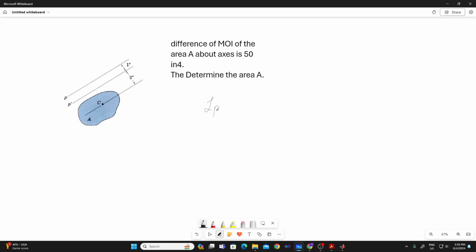So I PP, because that is the further one, would be higher than I P prime P prime. And it says I PP minus I P prime P prime equals 50 inch to the power 4. Of course we are supposed to use the parallel axis theorem.